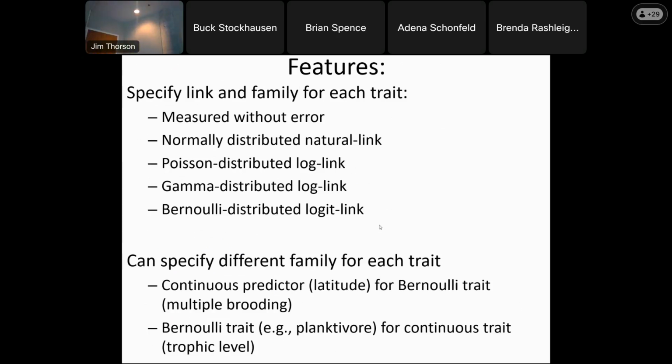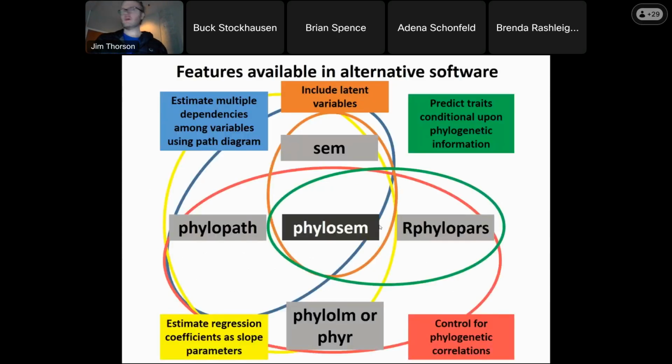So you could have some multinomial data, or you could have raw data for broods and fit that as a Poisson. By merging all this together, there's a trait imputation package, Rphylopars. There's sem that doesn't do the phylogeny. There's phylolm that people use for standard regression, and so on. And anyway, Phylosem merges these different techniques for PCM.